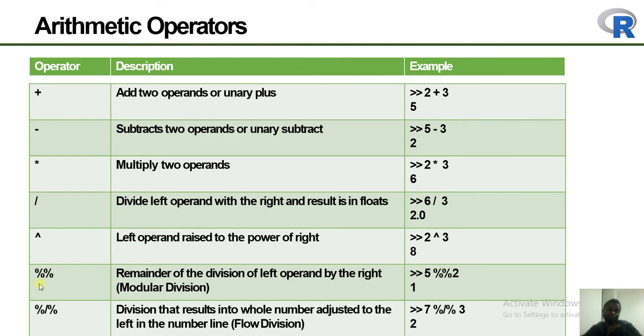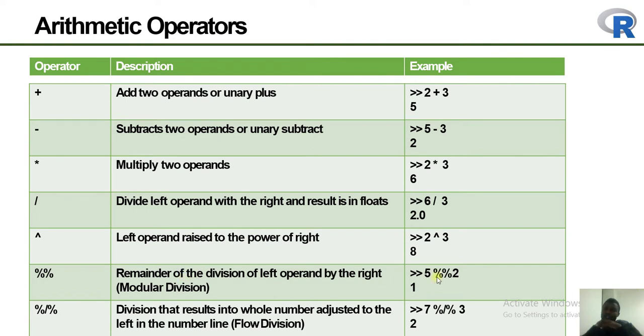That's it. So we have these special ones among the class of the arithmetic operators, and there are 2 in number. The first is this double percentage sign, and what it does is it produces the remainder when we divide 2 operands. This particular example is called the modular division.